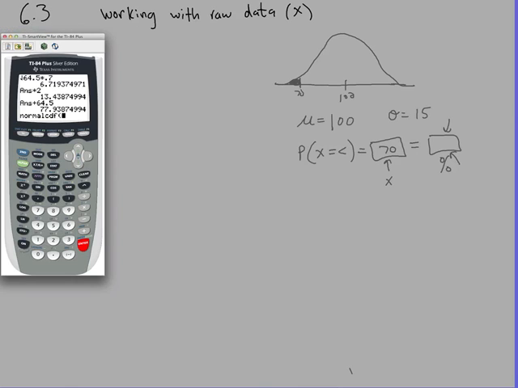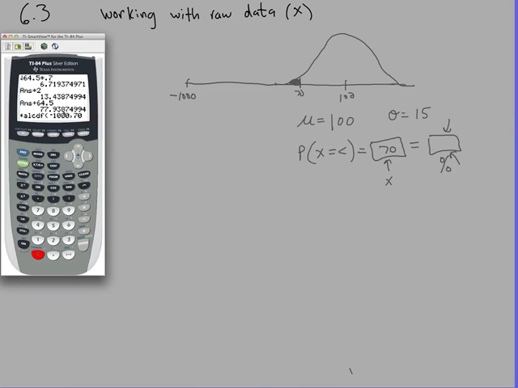My lower bound is going to be way over here, some data point that's just never going to happen, like negative 1,000. So I'm going to go negative 1,000, comma, my upper bound is 70.